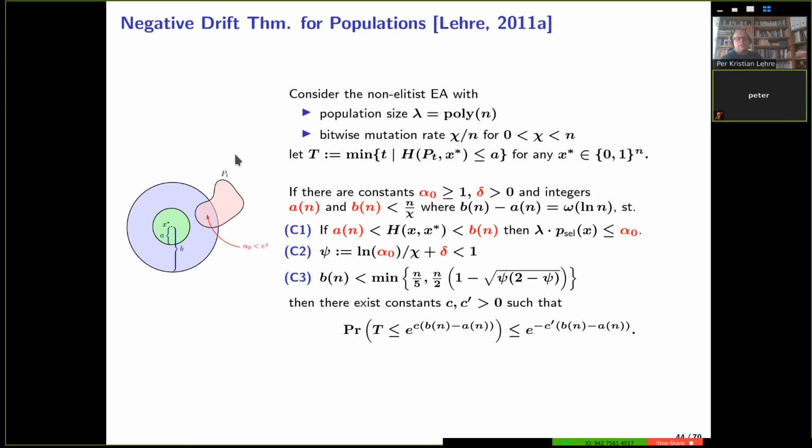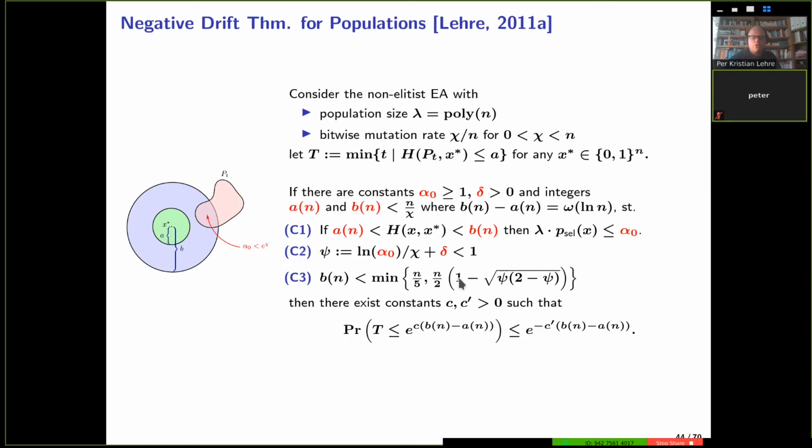So this is a bit more mathematically precise description of this theorem. I won't go into detail here, but we have three conditions. We have a condition on the reproductive rate of individuals within Hamming distance between a and b to the target.